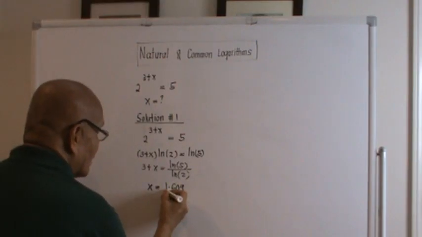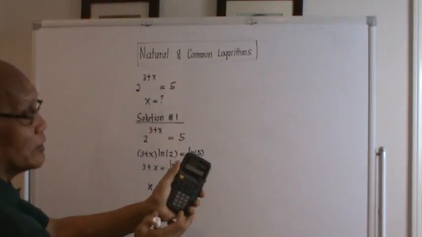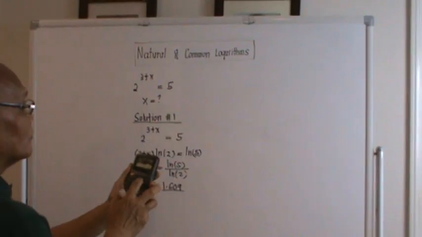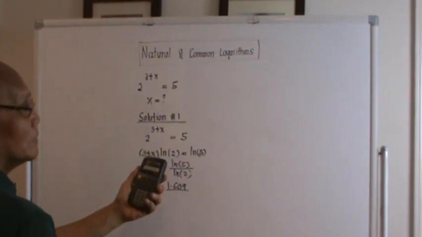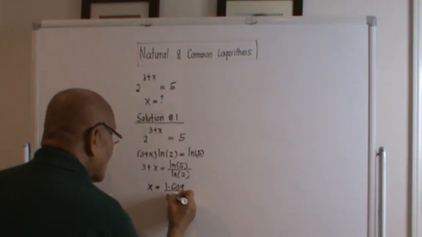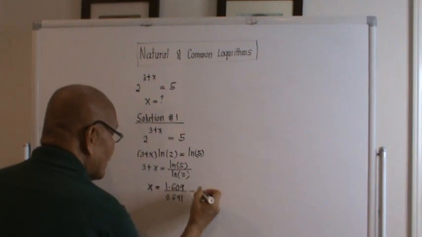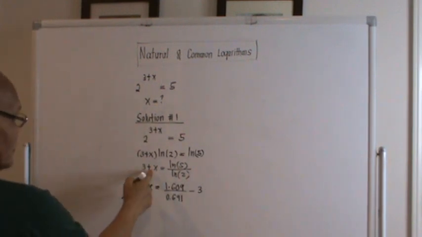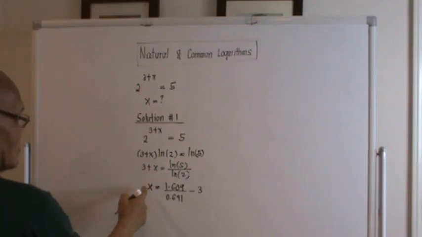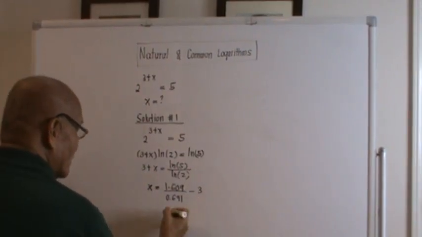For the natural logarithm of 2, display 2 here and press the natural logarithm. This is all over 0.691, minus 3. We transpose the 3 to the right, so it now becomes negative.